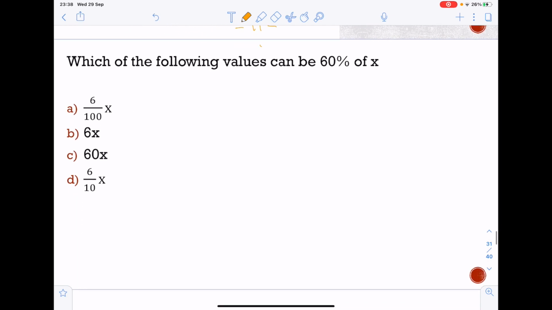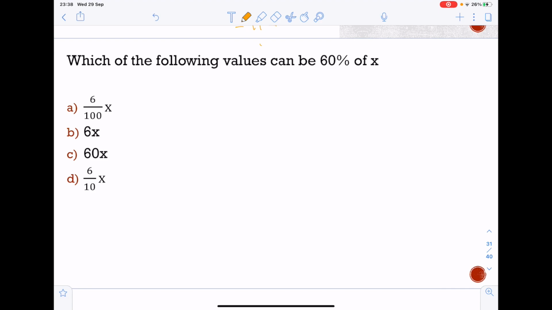Which of the following values can be 60% of x? So 60%, as we said, 60% means 60 out of 100. Of means times. X, I'll write x. So this is the value. And which one of those equals this value? Of course, it's not A, because we're missing here 1, 0.